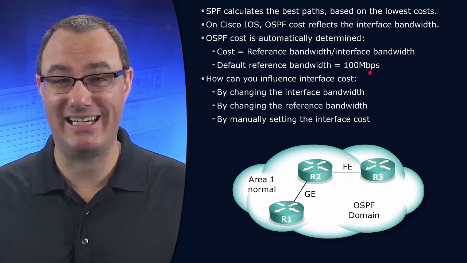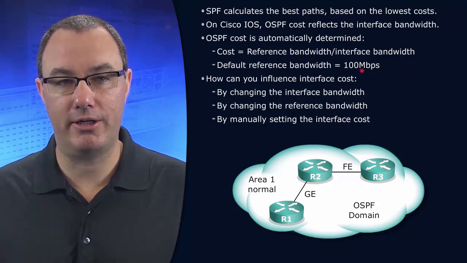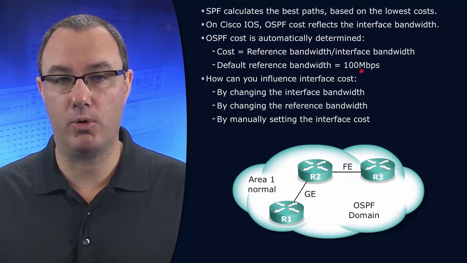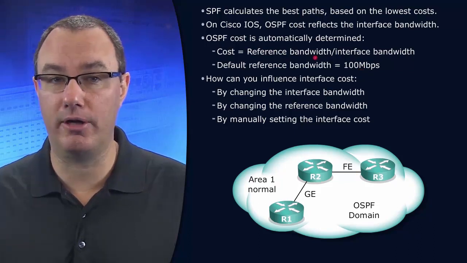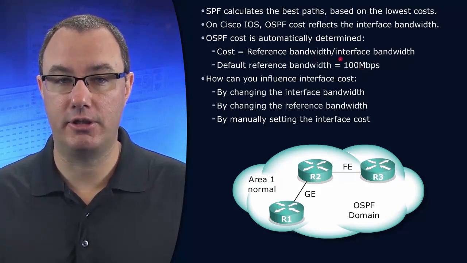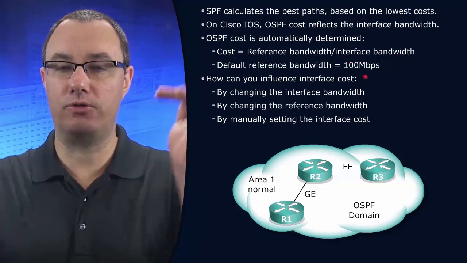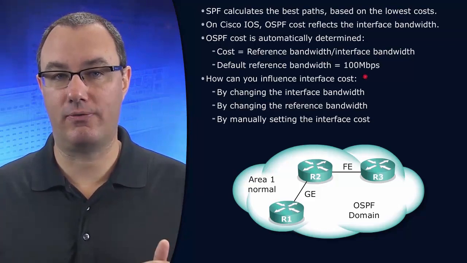It's actually 10 gigs. The reference bandwidth here is important because it sets the numerator of this fraction. And so if we choose a higher number here, we're downscaling the result of this fraction.